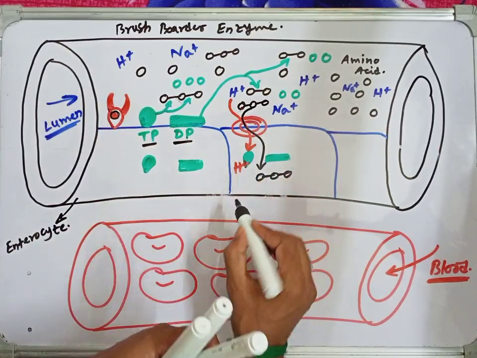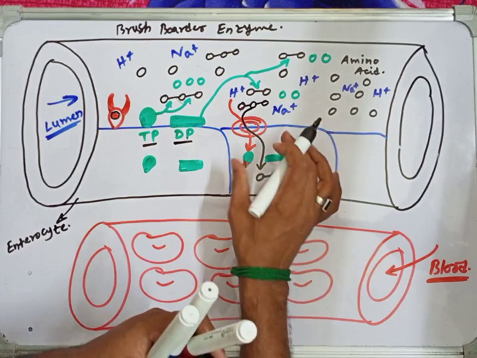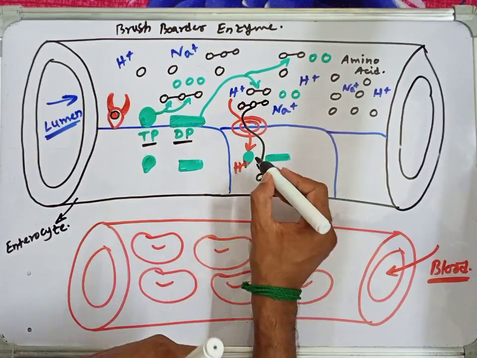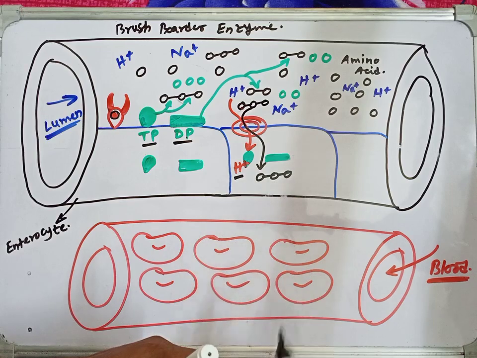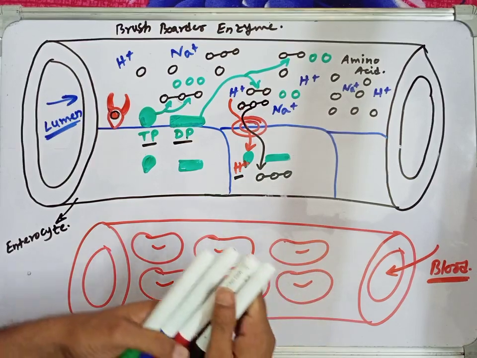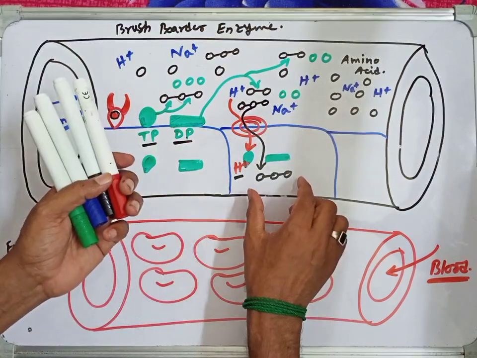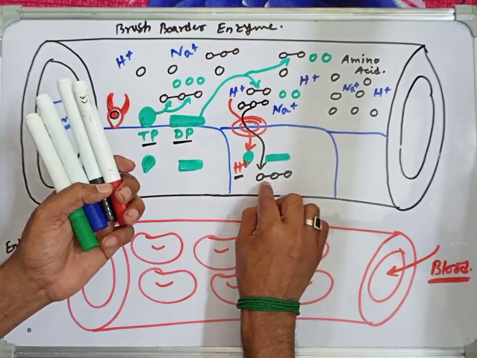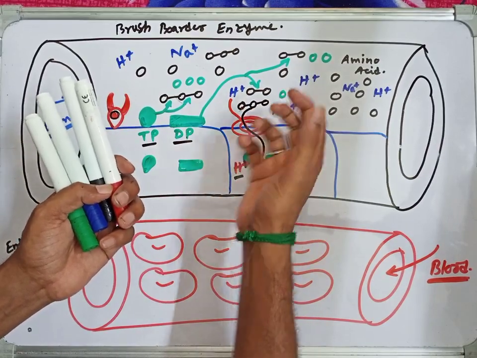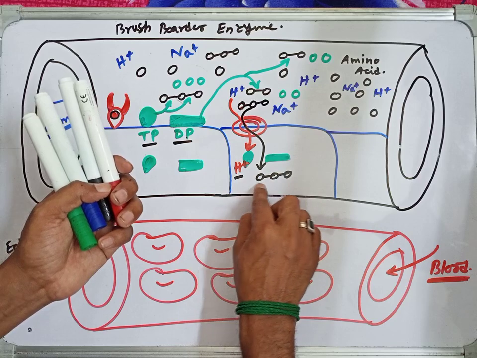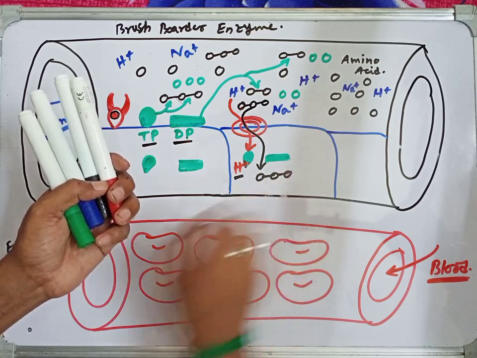This process of absorption is called co-transport with the help of hydrogen ion. One hydrogen ion goes in, and with this one hydrogen there is also the drag of this tripeptide.